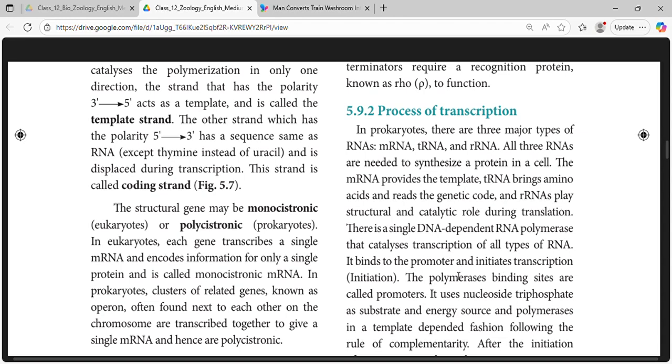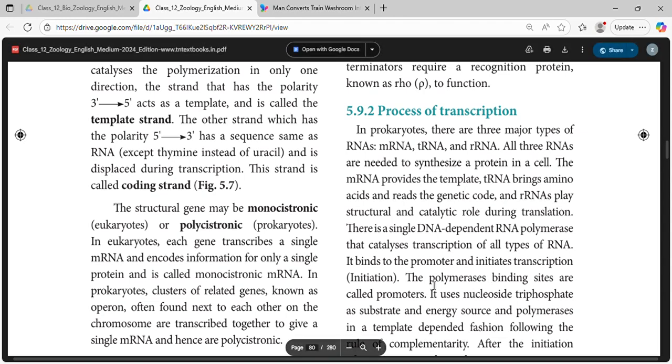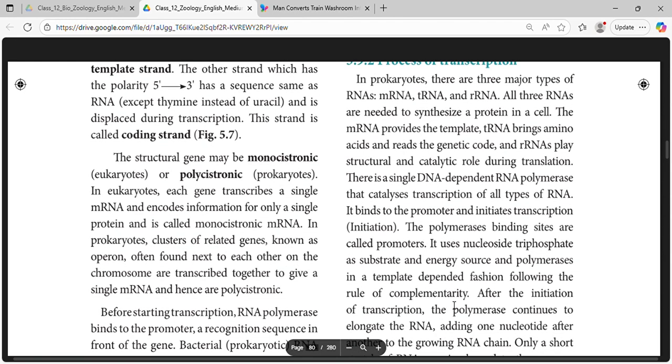It binds to the promoter and initiates transcription. The polymerase's binding sites are called promoters. It uses nucleoside triphosphates as substrate and energy source, and polymerizes in a template-dependent fashion following the rule of complementarity.